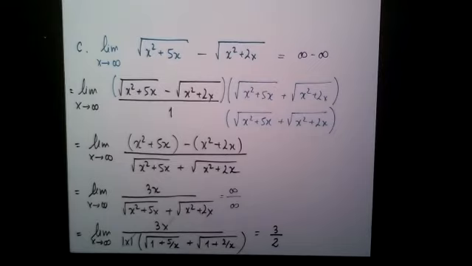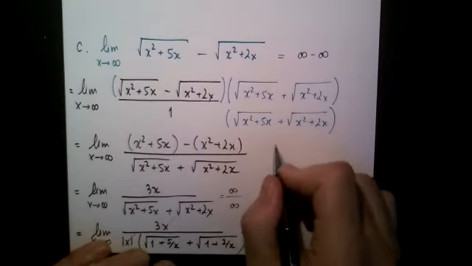But sir, why isn't the infinity minus infinity from the beginning just 0? Why can't we just say that it's 0 at the beginning? Okay. Why can't we say that infinity minus infinity is 0? Let's see if I could prove that to you.